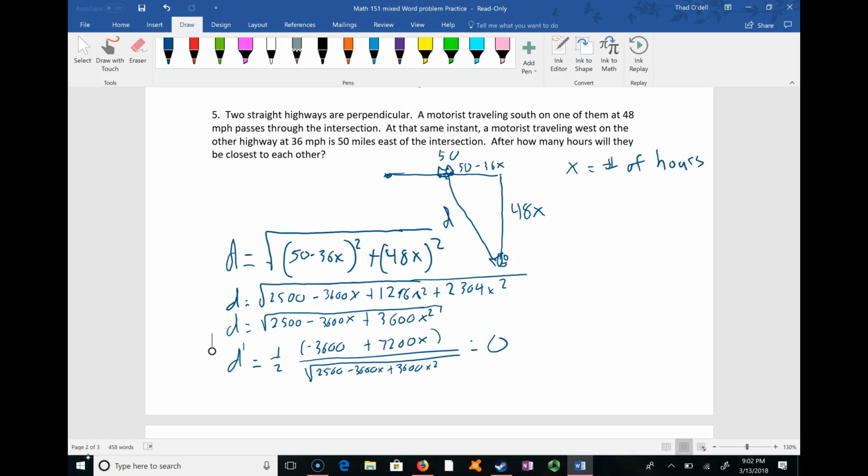I guess we'll just have to set the top equal to 0. So that would be 7200x is equal to 3600. So x is equal to 0.5. So how many hours will they be closest to each other? It would be half an hour.